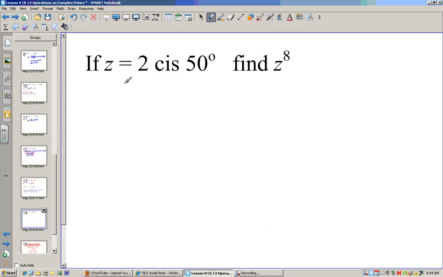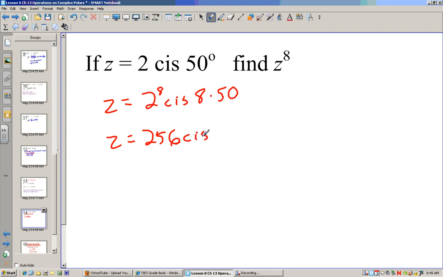All right, so if we took a look at this, this would be z equals 2 to the 8th CIS 8 times 50. Now, 2 to the 8th is 256. CIS 8 times 50, I believe, is 400. Yep. So z equals 256 CIS 400.